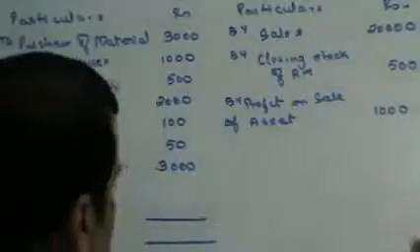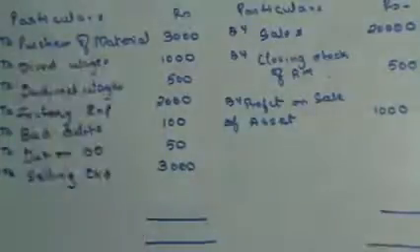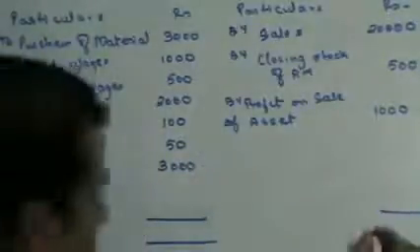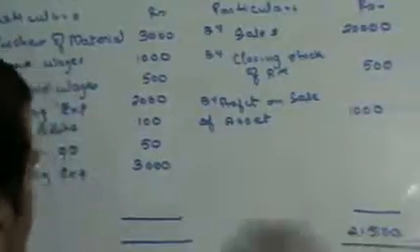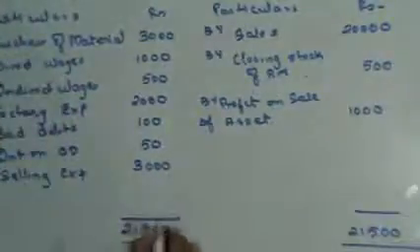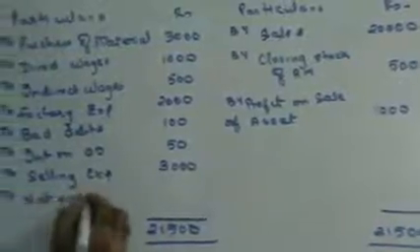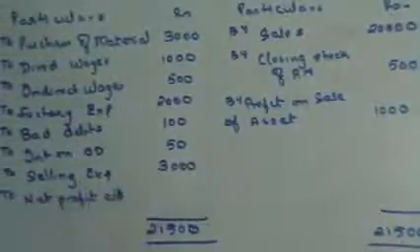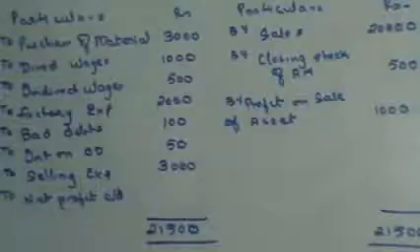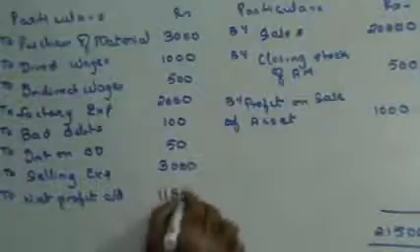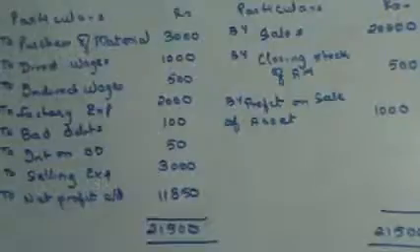Yeah, I missed an entry. 21,500. This is going to be to net profit carried out. Net profit carried out is going to be 11,850.